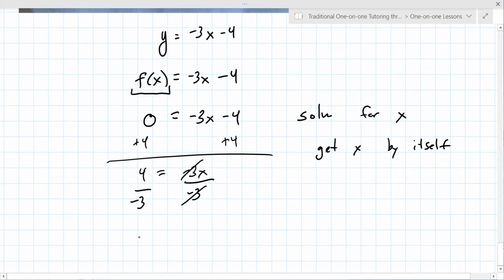And would that be a fraction as the answer for this? Sure, you can have a fraction. X is -4/3. So when y is 0, x is -4/3. So that's the ordered pair -4/3 comma 0, because x always comes before y.